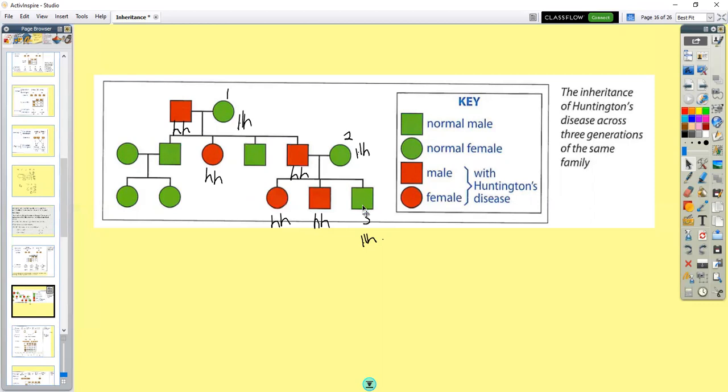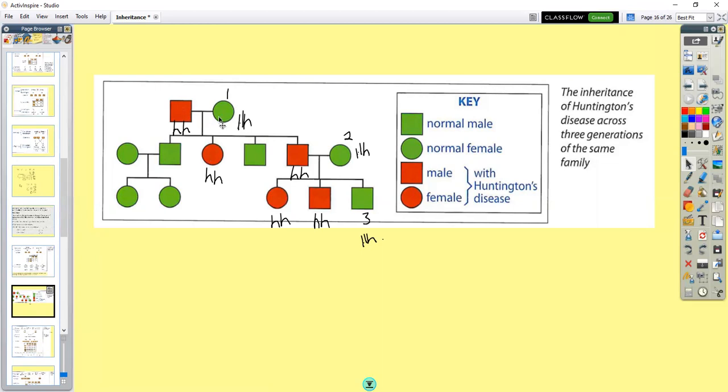Now you have a big H, small h here, so that means individual 2, as I've labeled here, has to be big H, small h as well, because he passes on the small h to these individuals here. The same up above, they have 2 kids with hemophilia, for example.